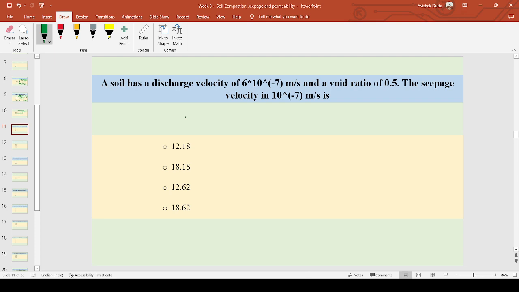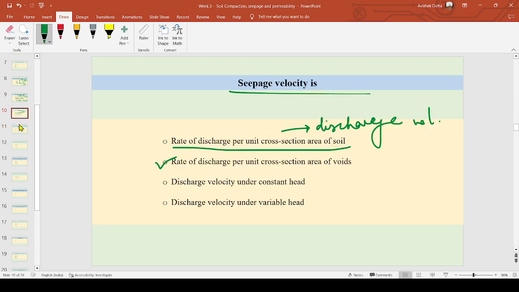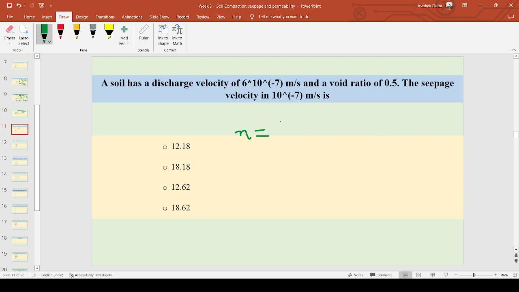Okay. So here the void ratio is given. First, we have to find out the porosity from the void ratio. Why? Because of the previous question, it is the area of the cross section of the voids we consider. We can also use the void ratio, but better to use the porosity. It becomes simple. n equals e by 1 plus e. What is the value of n? 0.5 by 1.5. It is 0.333.